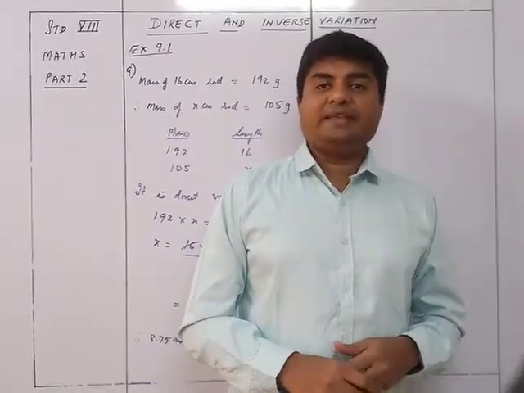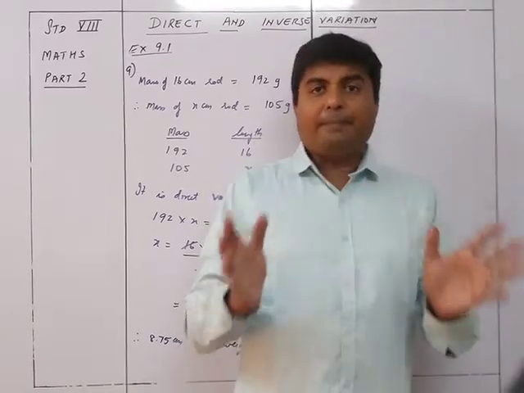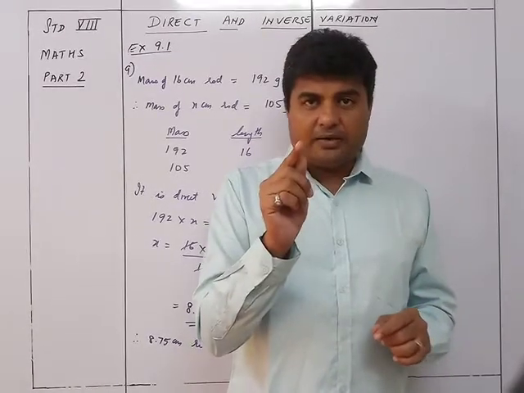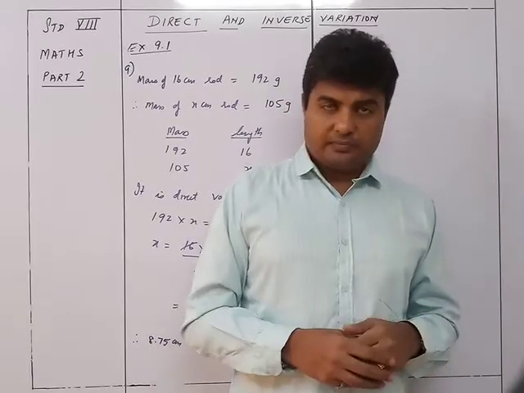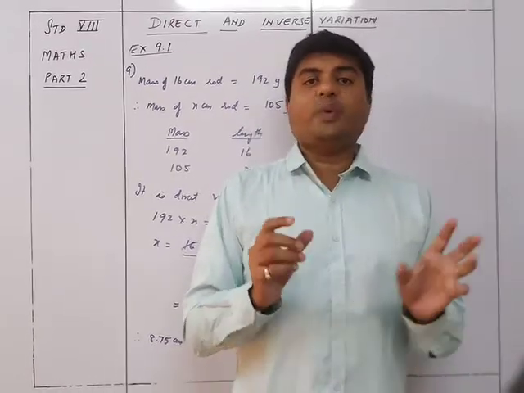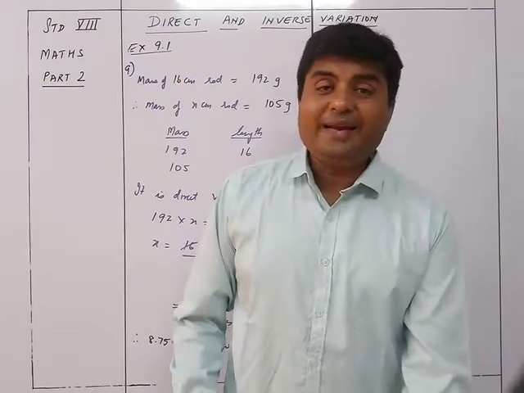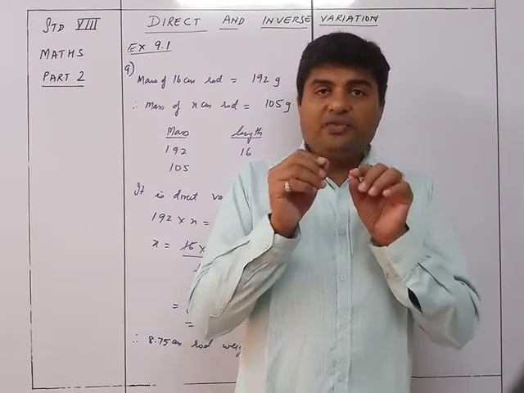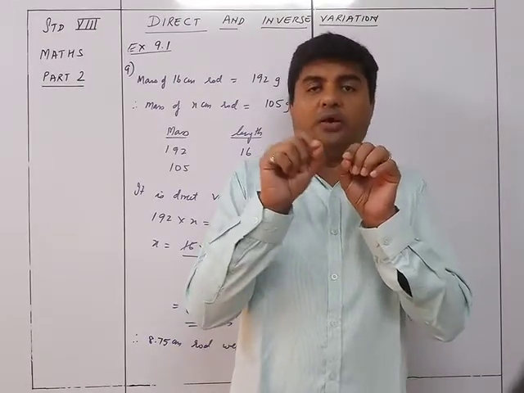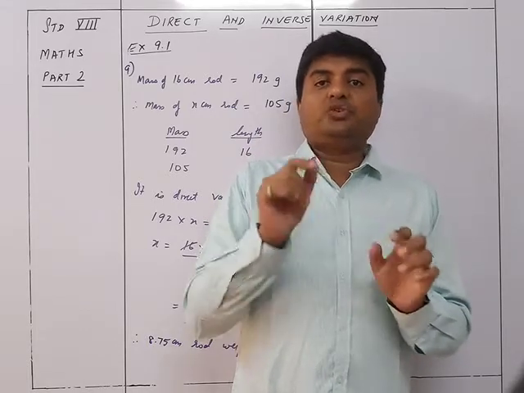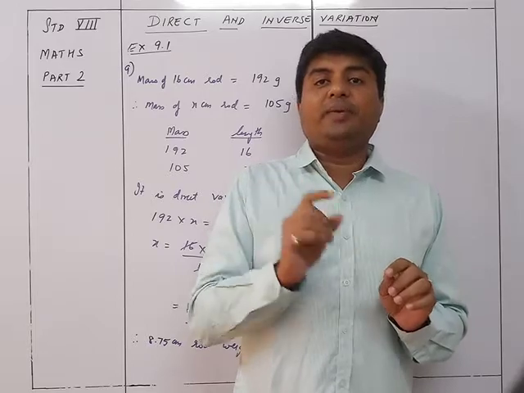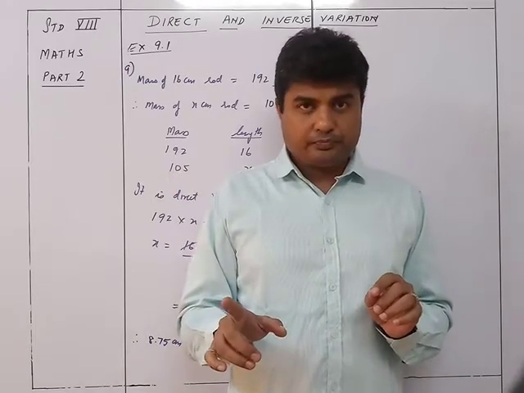What do you mean by scale? Scale means that 1 centimeter on the map is equal to how many kilometers in actuality. So if it is given that 1 centimeter is equal to 20 kilometers, that means 1 centimeter on the map is actually 20 kilometers on the actual road.